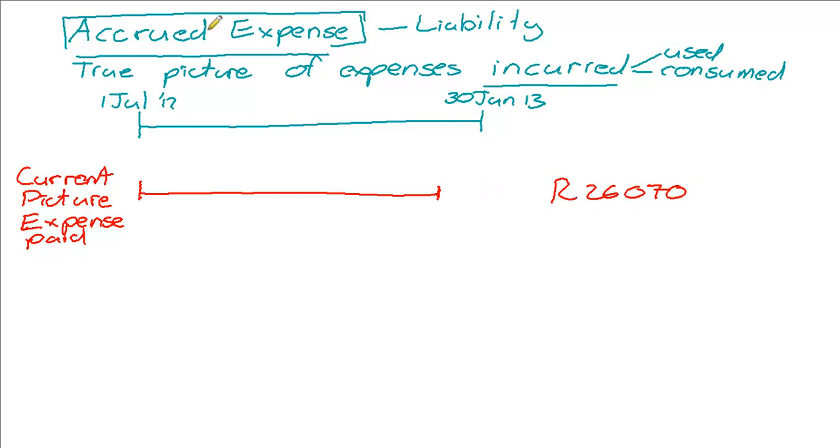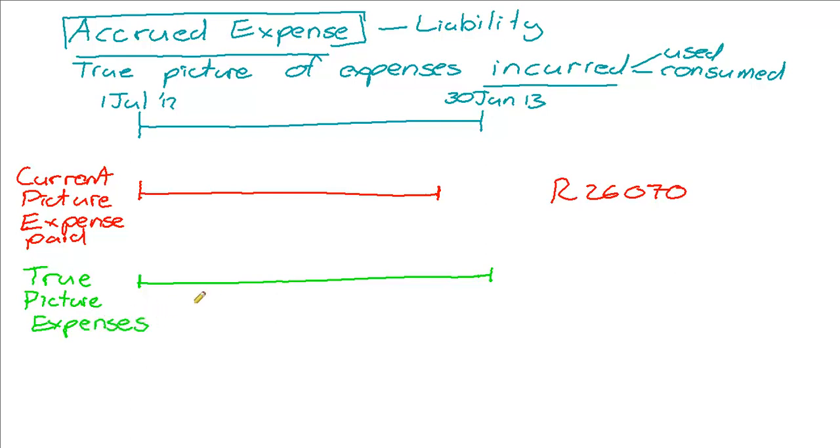The true picture is that we have used water and electricity for the whole 12 months. We've used it for the whole financial year, and that is going to be our expenses incurred.